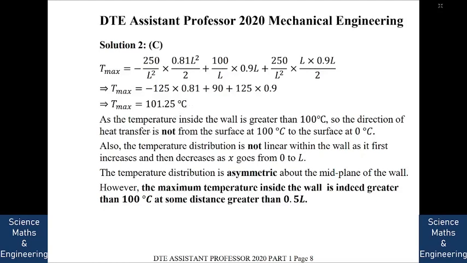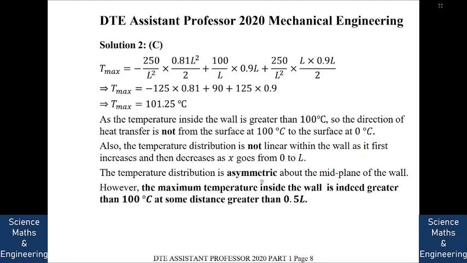So, as this temperature inside the wall is greater than 100 degrees centigrade, the heat transfer is then not from the surface at 100 degrees centigrade to the surface at 0 degrees centigrade. Again, the temperature distribution is not linear because the temperature has to first increase from 0 to this 101.25 degrees centigrade and then decrease to 100 degrees centigrade, right?